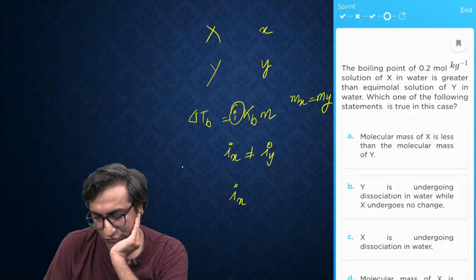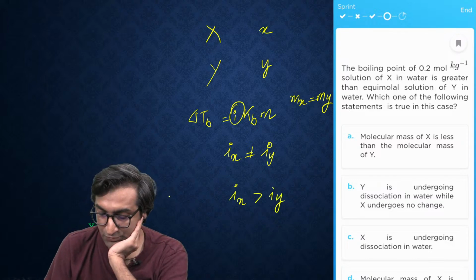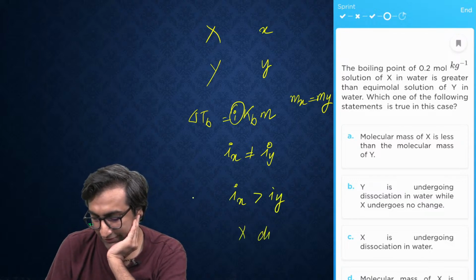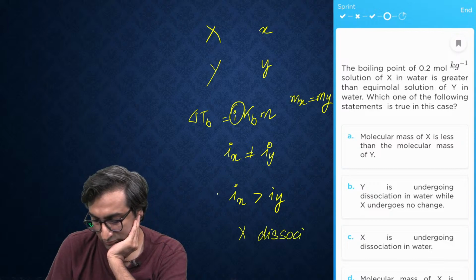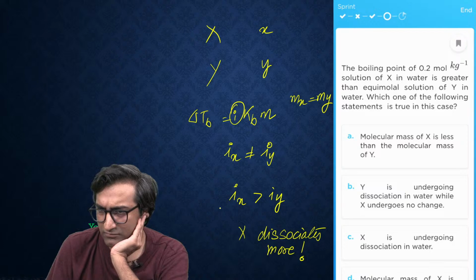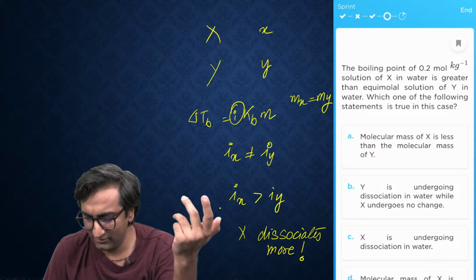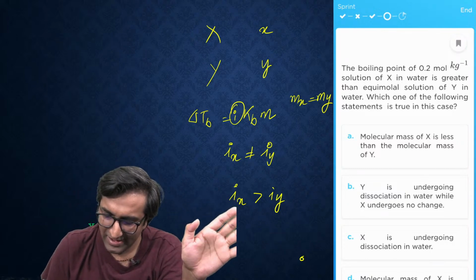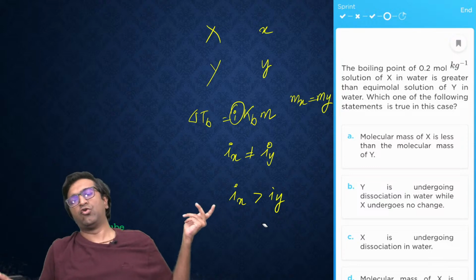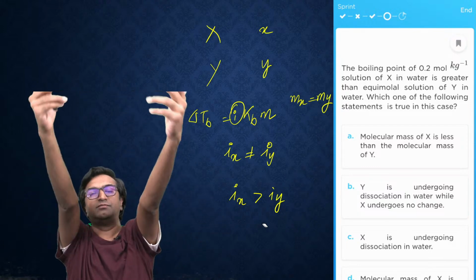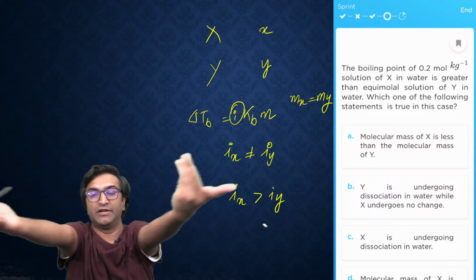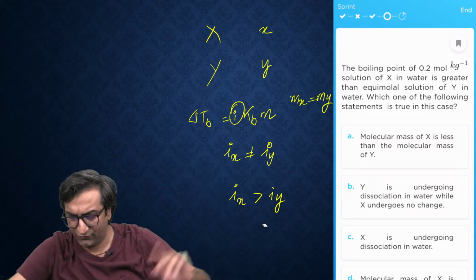So ix should be greater than iy, which means कि X dissociates more, right? Or if it doesn't, I don't know what this is. It just has more particles. I don't know if it dissociates more or not. I mean, it could be a thing that furnishes 3 ions and dissociates less. So i is more, that's for sure.